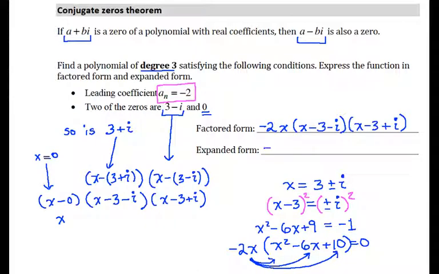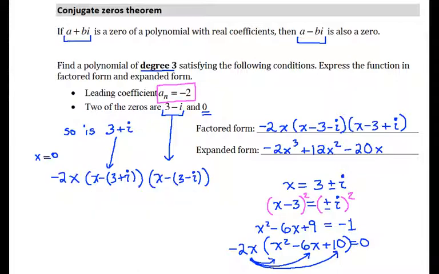That's going to start as negative 2x cubed, then plus 12x squared, and finally minus 20x. So this is the easiest method, but it's not the most obvious method. So if this method is too confusing or too hard to remember, let's see how we can go about this by just multiplying out factors instead.